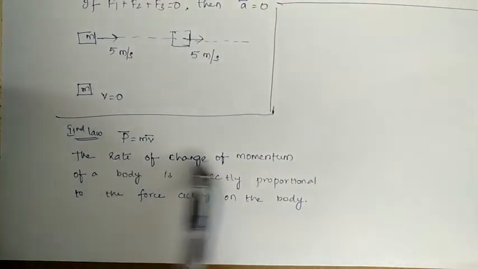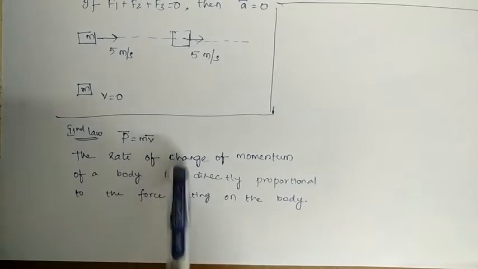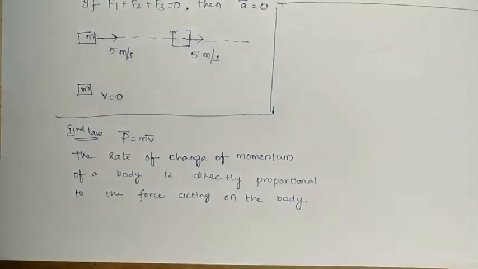How this rate of change of momentum is connected to the force is given by Newton's second law. Suppose we have a body, and there are different forces acting on it. From Newton's first law, if the sum of forces is equal to 0, then acceleration is 0.